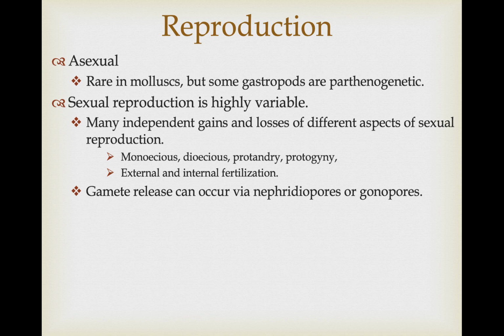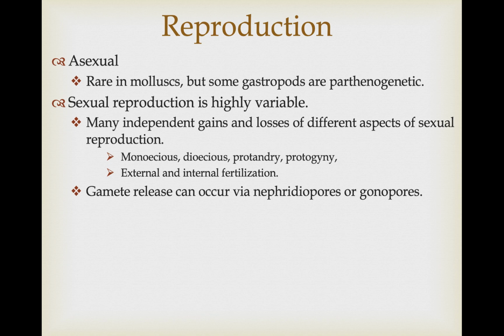Now, when it gets to sexual reproduction, it's highly variable. And this is a point I want to make to you from here on out. Only if I tell you this is really unusual for this group and you need to know it, what I want you to be able to get is an idea of how amazingly variable animals are with regard to their sexual reproduction, with regard to monoecious and dioecious and oviparous, ovoviviparous, and viviparous.